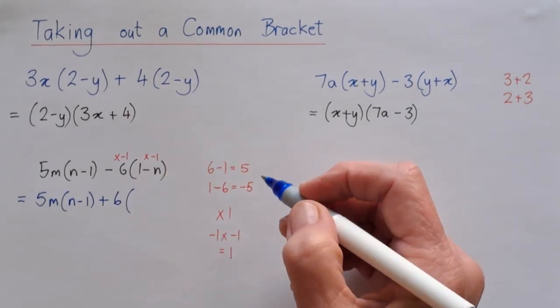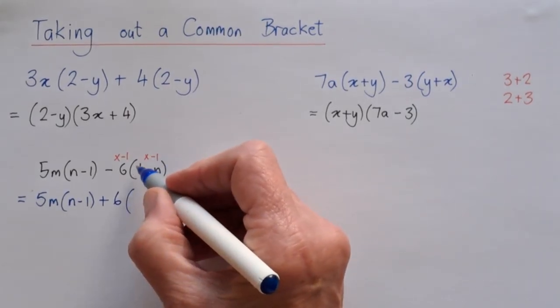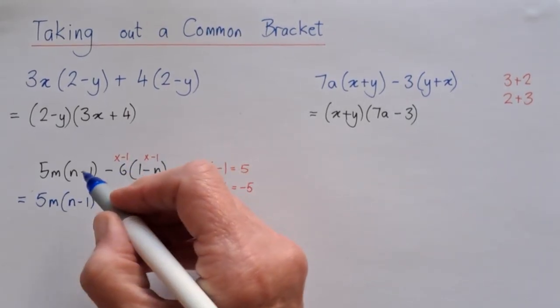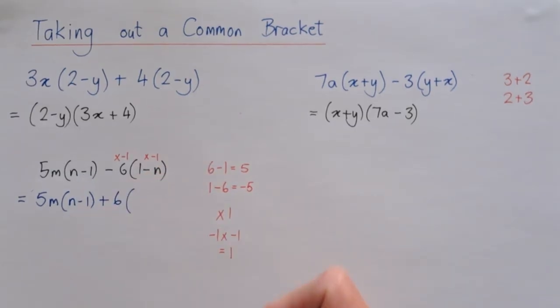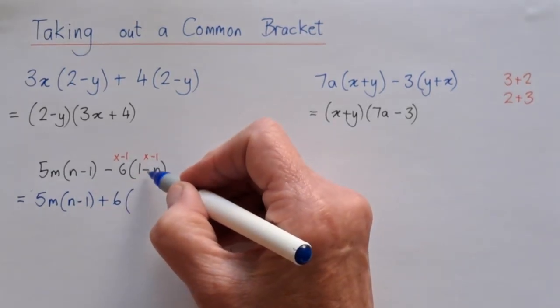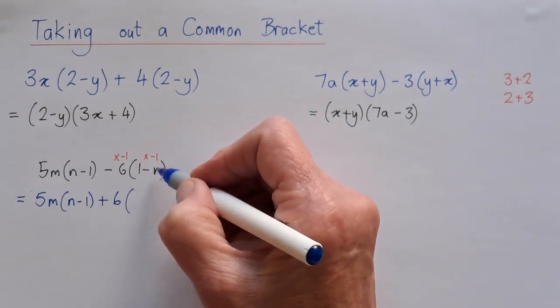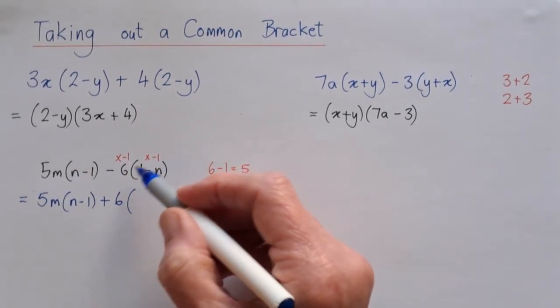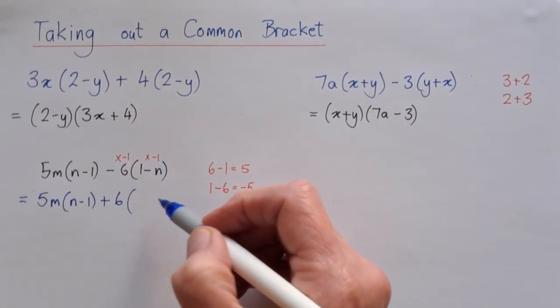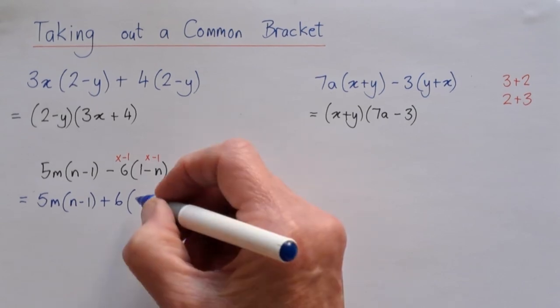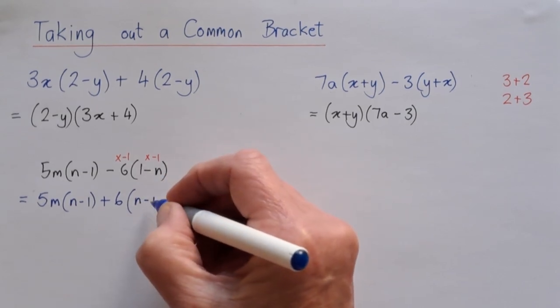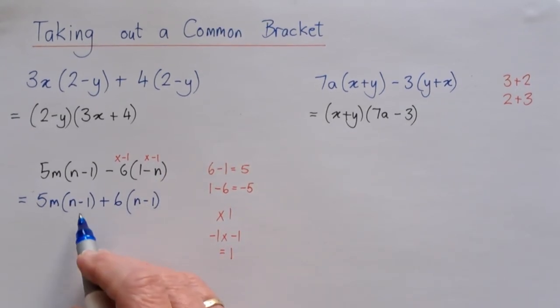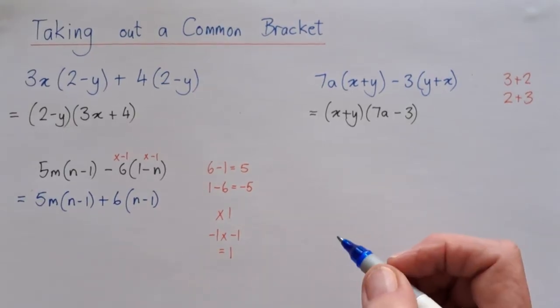And then in the bracket, I've got negative times positive, which is going to give me a negative 1 like that. And I've got negative times negative, which is positive, which is going to give me a positive n like that. So instead of writing it as negative 1 plus n, that looks rather messy, I'm going to write it as n minus 1. And now I have two brackets that are exactly the same.